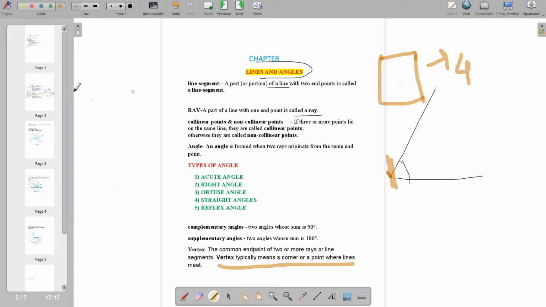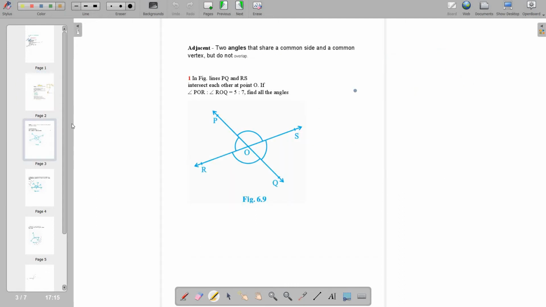Now we will see the questions. What are adjacent angles? Two angles that share a common side and a common vertex, but do not overlap.